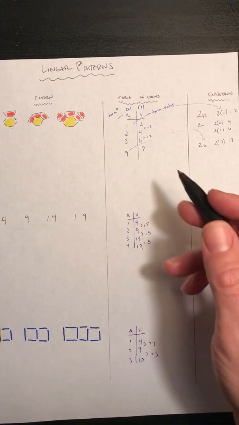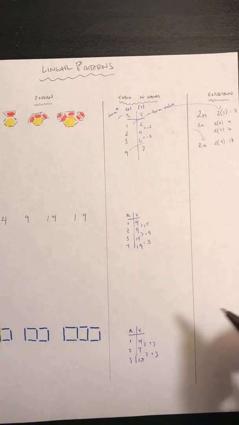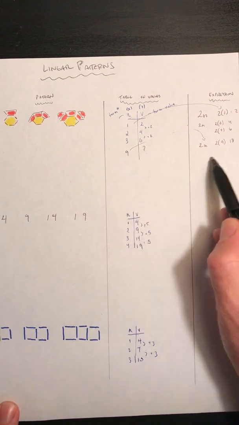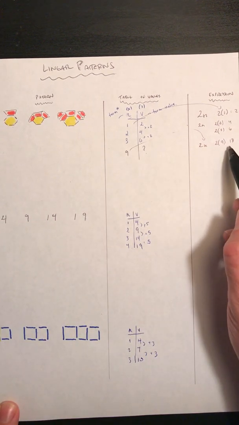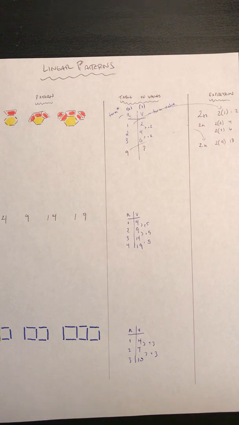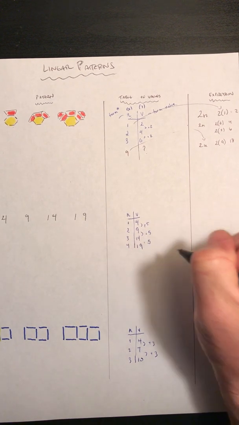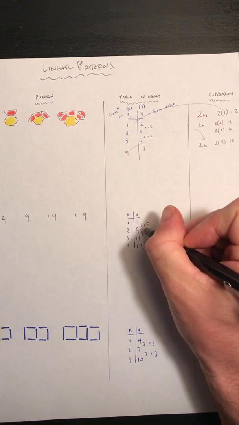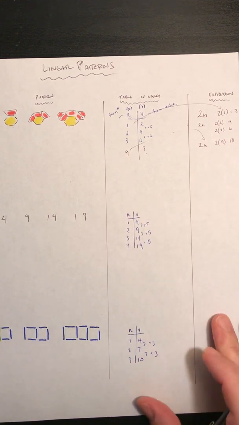So that's the question: what is the value of the 9th term? It was a question mark, but now we've used this and figured it out. There is an element of guess and check, but hopefully we see a pattern in terms of where the difference is between the values, and where we see that in the expression.